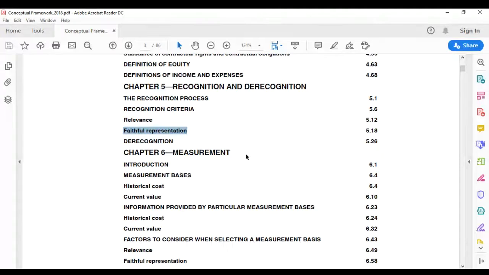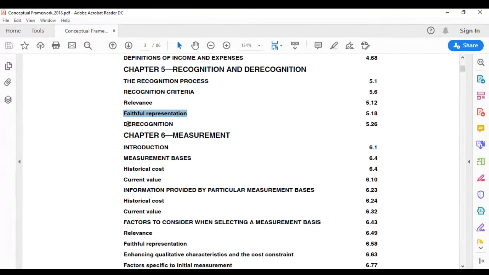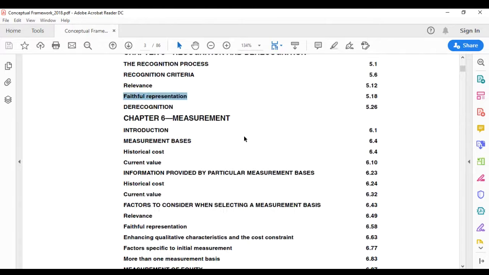Later on, we're also going to encounter a term in IAS 1 that is called fair presentation. And a fair presentation is not identical to a faithful representation. We'll see later on this week that a fair presentation does include faithful representation. It does include relevance, but it's not an identical term. And then derecognition, as we said, is just the opposite of recognition.